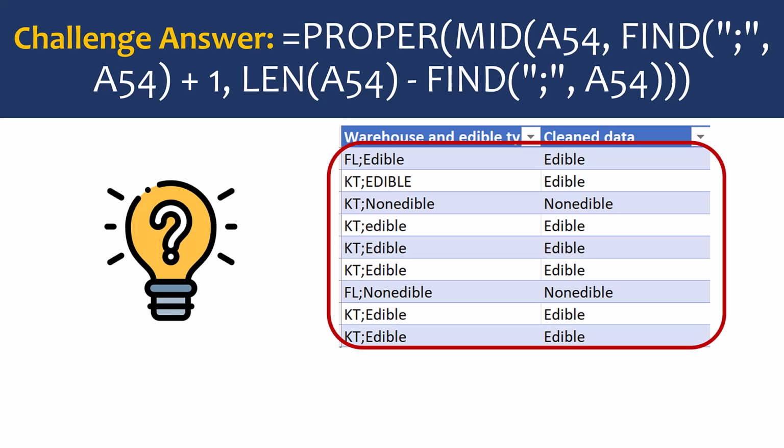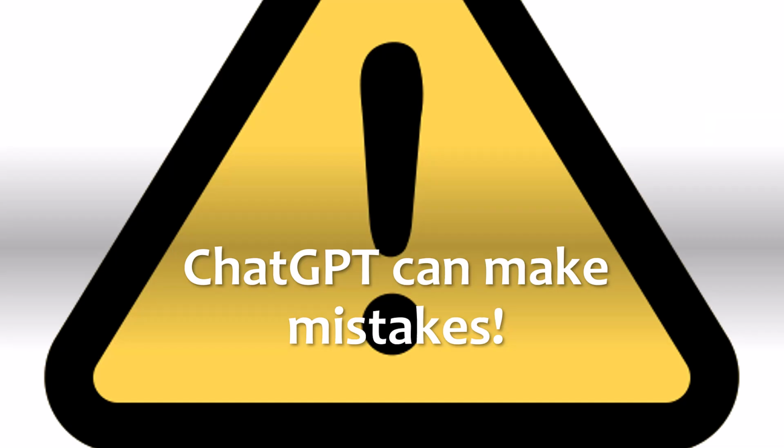It does this by starting at one position past the semicolon, hence plus 1, and extracting characters equal to the length of the string minus the position of the semicolon. PROPER converts the extracted substring to title case, where the first letter of each word is capitalized and all other letters are lowercase. Note that there are a few different ways this formula can be written, but this way works.